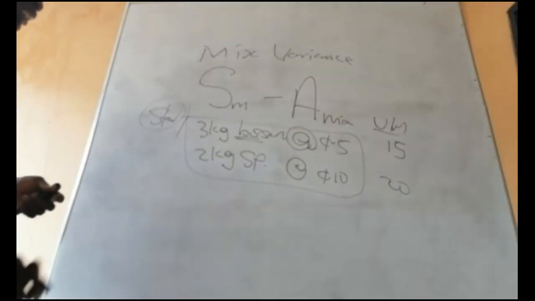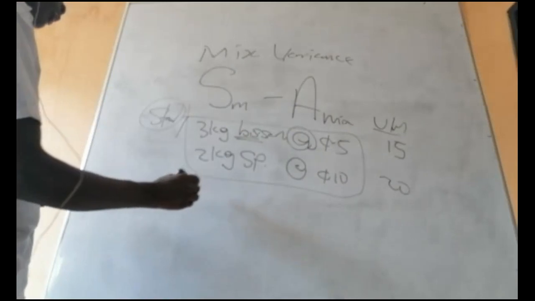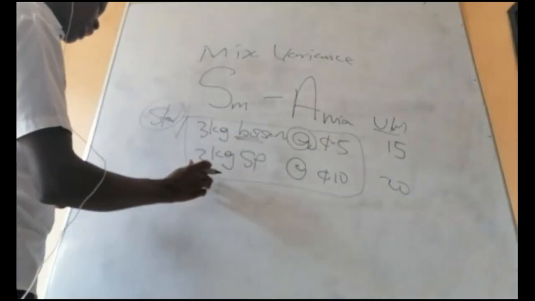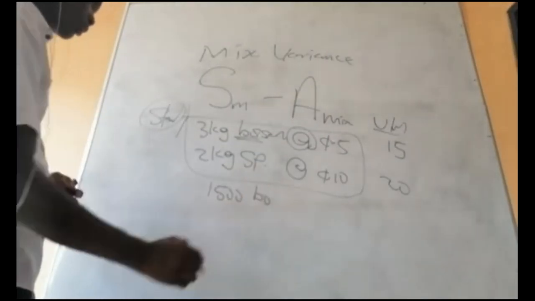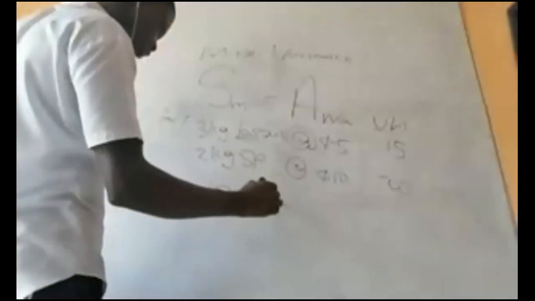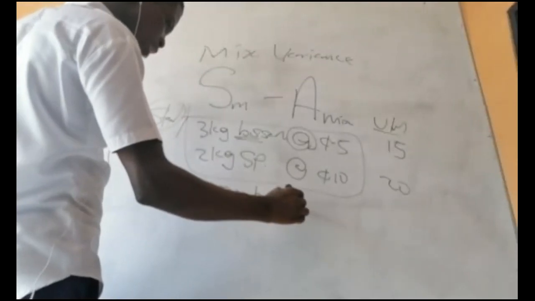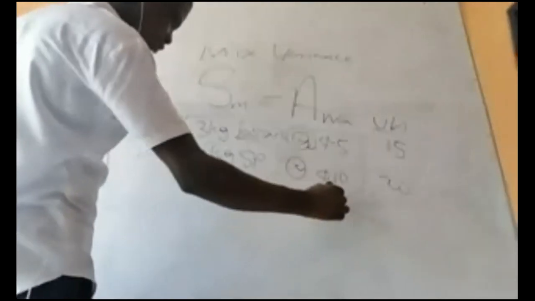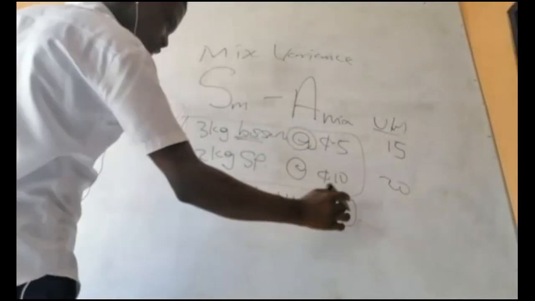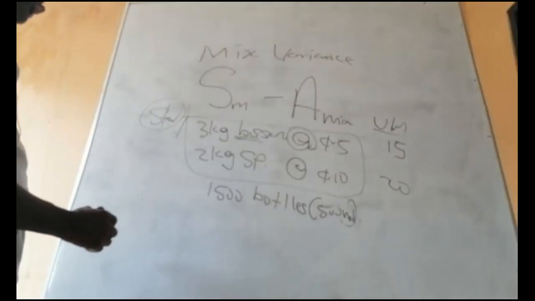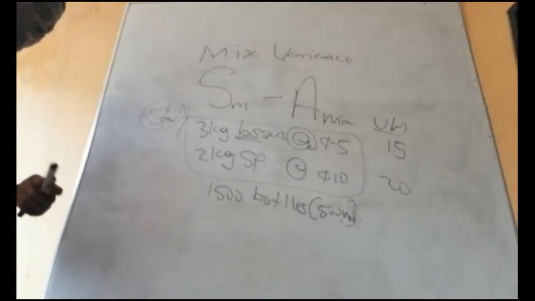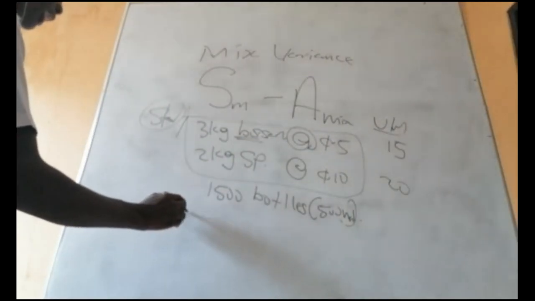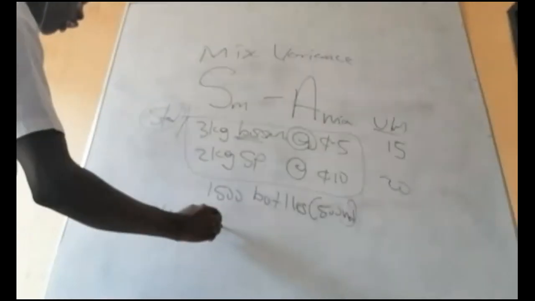Actually, we have produced 1,500 bottles of sobolo, 500 ml each. And then we have used 500 by 3, that's 4,500. We have used 4,000 kg of the bisa leaf.